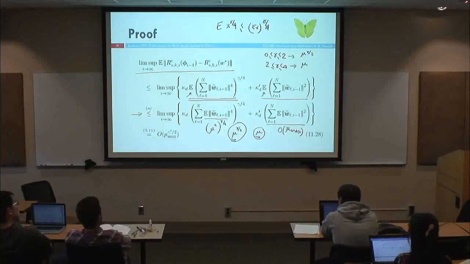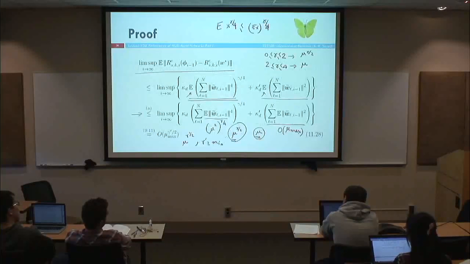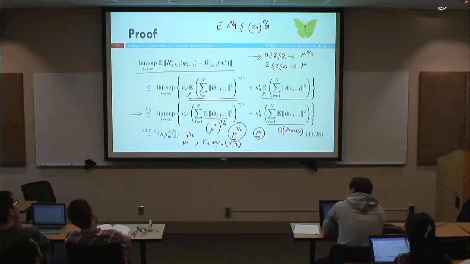So that's why we are going to write it as mu to the gamma prime over 2, where gamma prime is defined as the min of gamma and 2. You see here, when gamma is between 0 and 2, the minimum will be gamma, so you get gamma over 2 as you should.